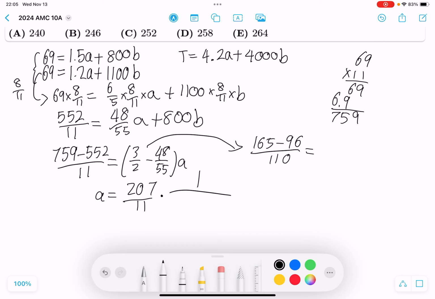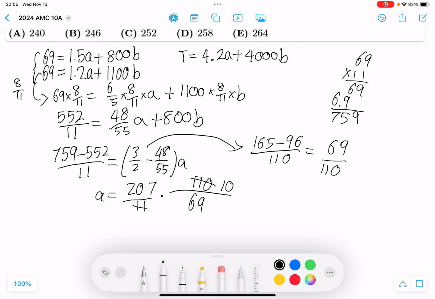That gives us 69 over 110. So we have 1 over 69 over 110, which results in 110 over 69. So the 11 cancels out, and that leaves 10.